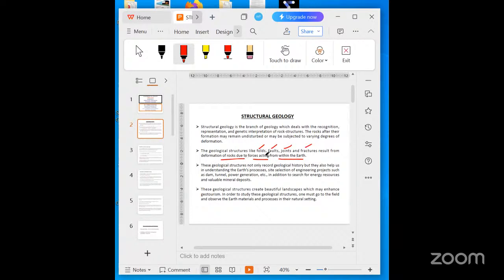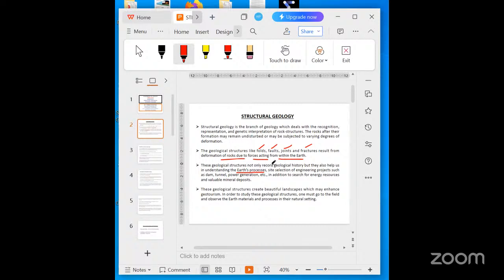So these geological structures not only record geological history, but they also help us in understanding the Earth's processes and site selection of engineering projects such as dams, tunnels, and power generation, etc. In addition, they help in the search for energy sources and valuable mineral deposits, right?